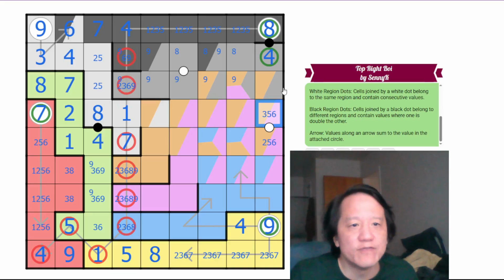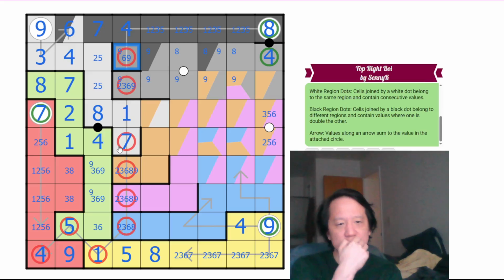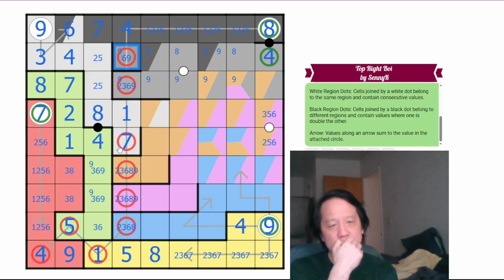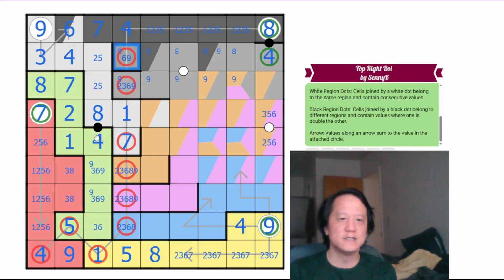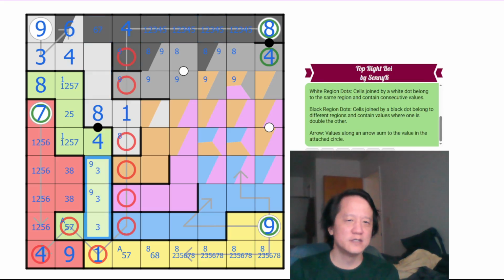Okay. Oh, we have 2 4s here. That's really bad. That's not going to work. This is a top left boy, or top right boy, but that's not helpful. Dang it. This is horrible.